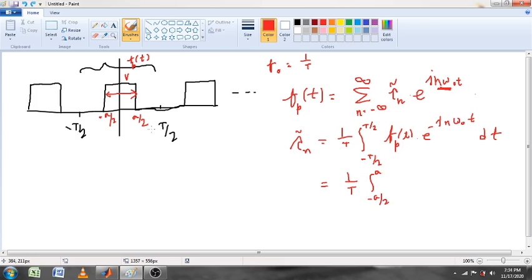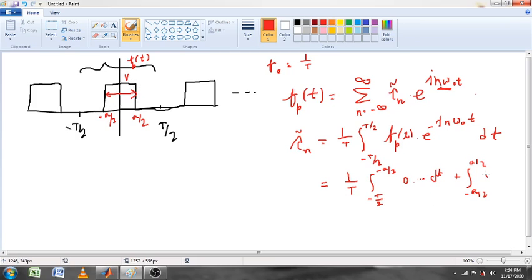If you want, I can write it, but I don't want to. If you break it down, you will do minus T by 2 to minus a by 2. What is the function value fp(t)? It is 0 multiplied by something dt. I am not writing that something. Plus then you write minus a by 2 to a by 2, and the value of the signal in minus a by 2 to a by 2 is plus V, right?